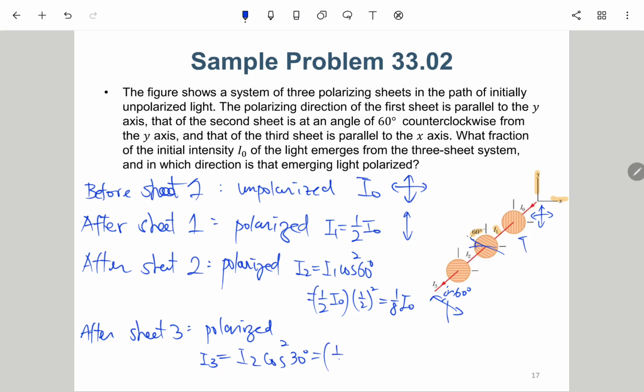So we have 1/8 I0, and cosine 30 degrees is square root of 3 over 2, quantity squared. It turns out to be 0.094 I0, polarized along the x-axis. This example just lets you become slightly familiar with how to make use of those formulas.